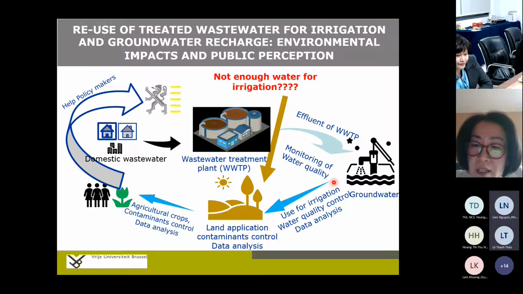But we didn't dare to do it directly in Brussels. We chose a wastewater treatment plant in a very remote area, where agricultural soil surrounds the plant. Then we may do irrigation directly. So the next step is to use the water for irrigation now.